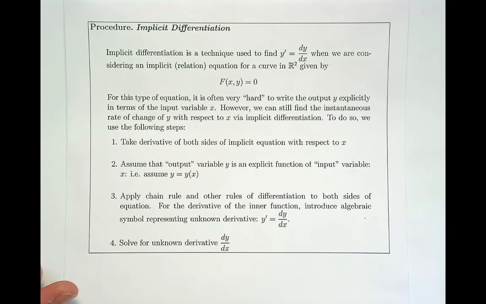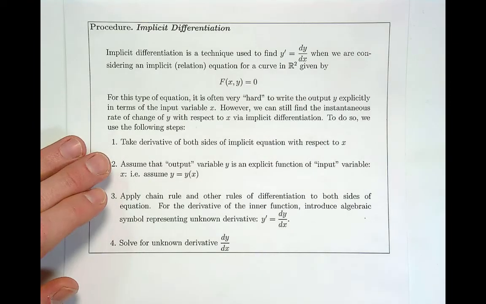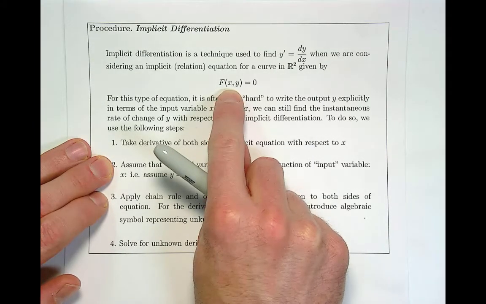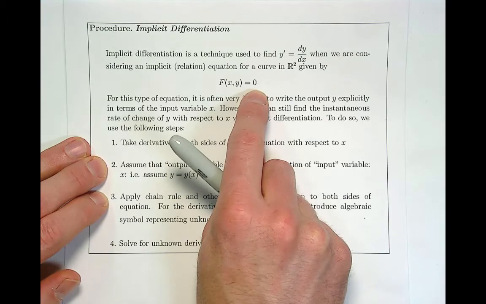So if you recall way back when to your Math 1A knowledge, there were 4 different things that we did to implicitly differentiate. The first one was to take the derivative of both sides of this equation with respect to x. So apply the ordinary derivative operator on the left, apply the ordinary derivative operator on the right.